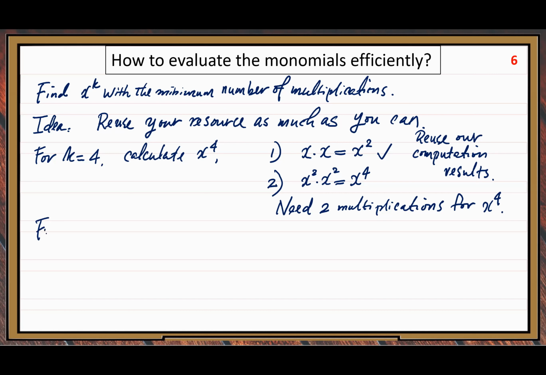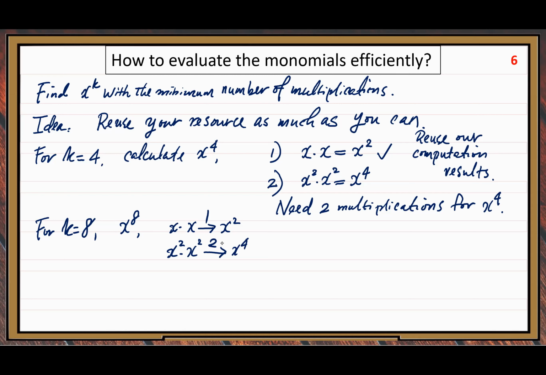The next one, for k equals 8. To calculate x to the 8, how many multiplications? x times x, we get x squared. That's 1 multiplication. x squared times x squared, our second multiplication, gives x to the 4th.